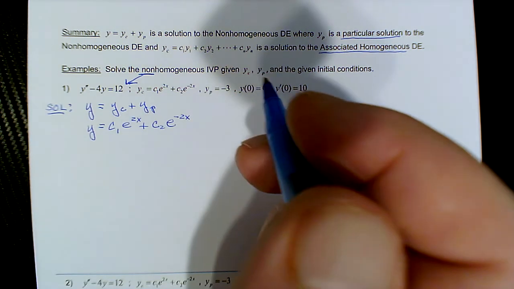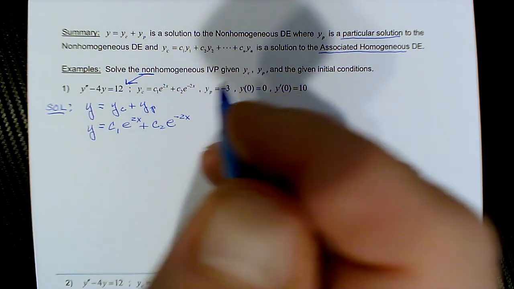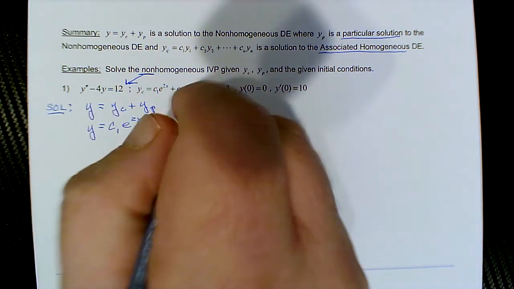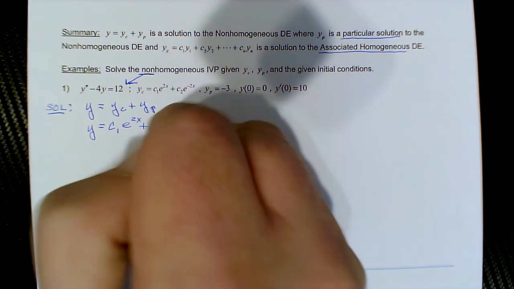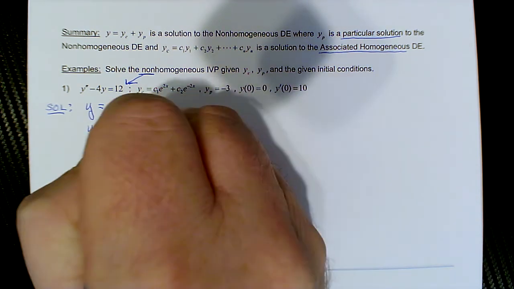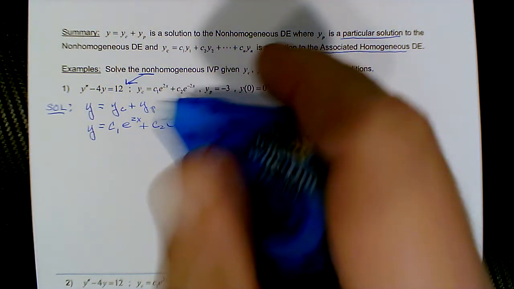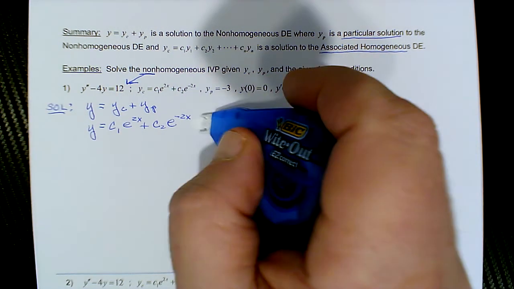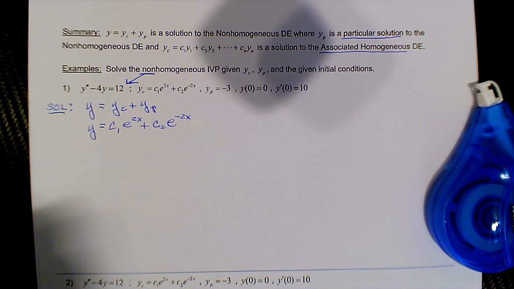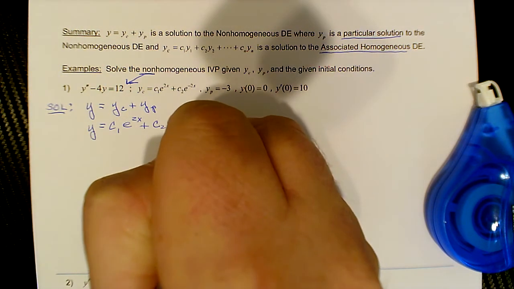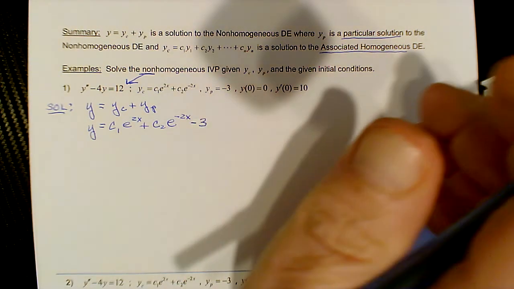So that would be very simple to show, but they gave it to us. But then this is plus the particular solution, which is given to be negative 3. So let's say just minus 3. So this is a general solution to the non-homogeneous.